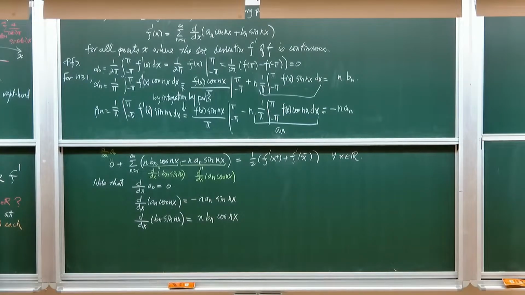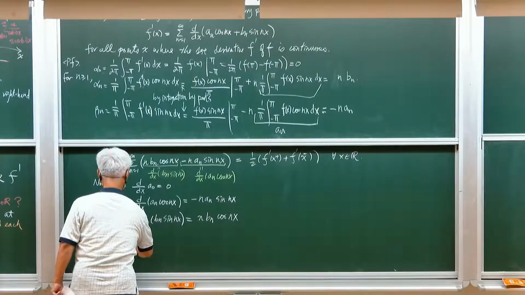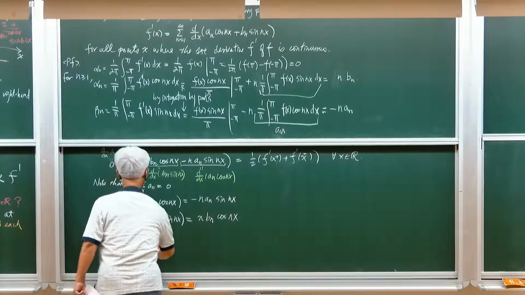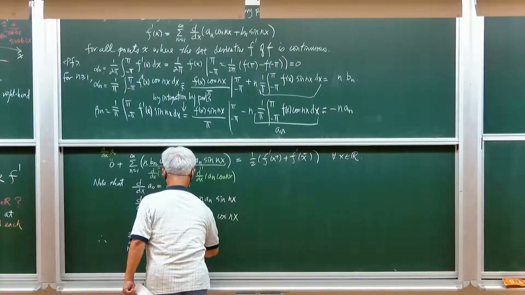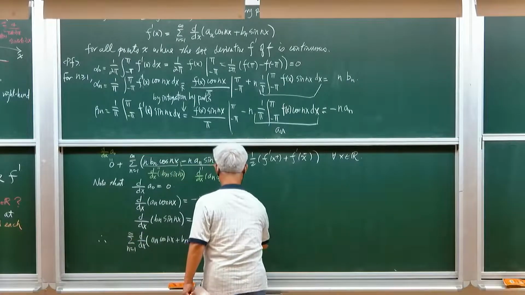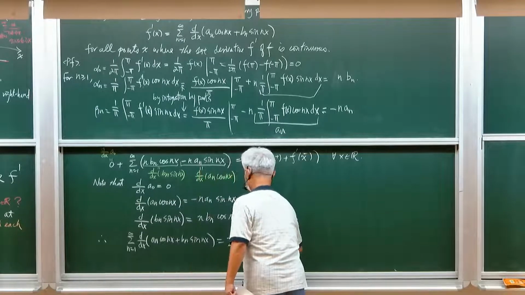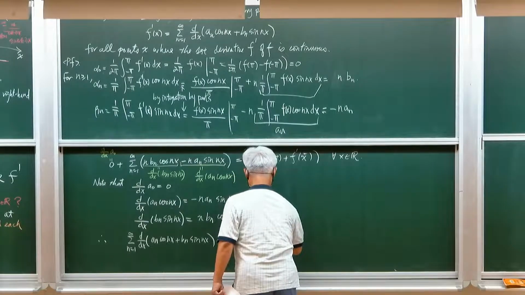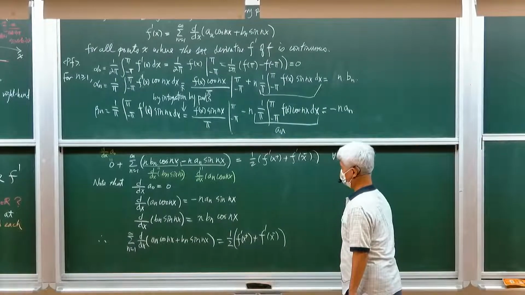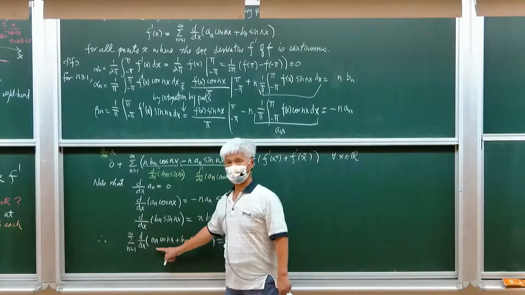All right, so finally, we have the sum from n equals 1 to infinity of d dx of an cosine nx plus bn sin nx is equal to 1/2 of f prime x. Okay. All right, so we proved the convergence of the series of termwise differentiation.